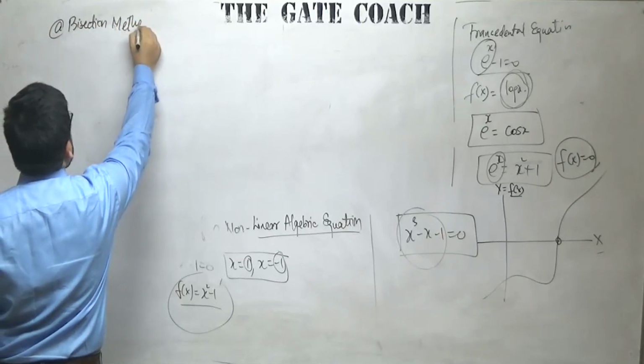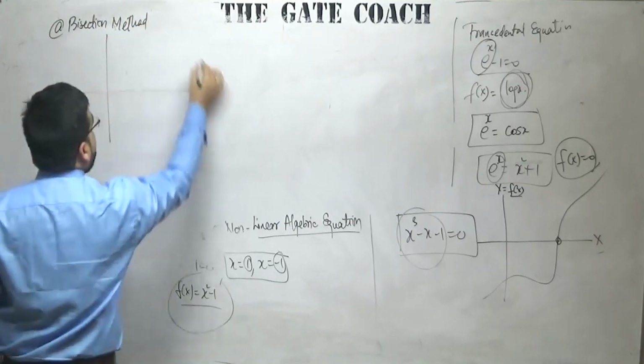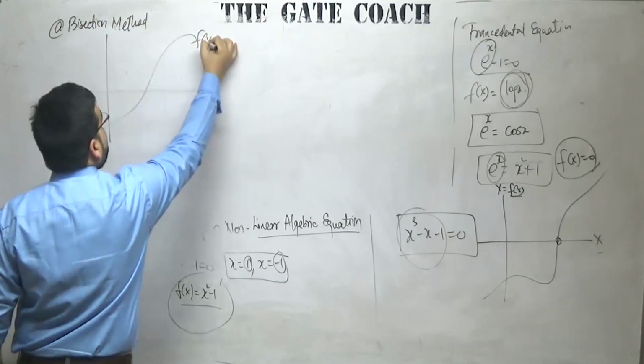Now what is the concept of the bisection method? Let us say this is some f of x.